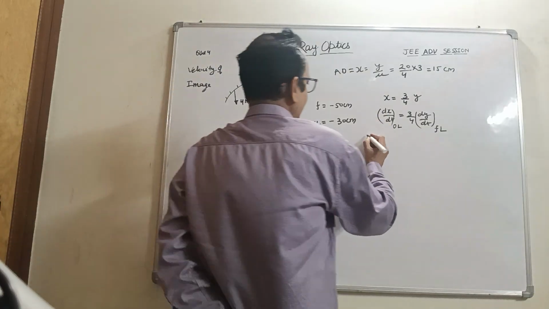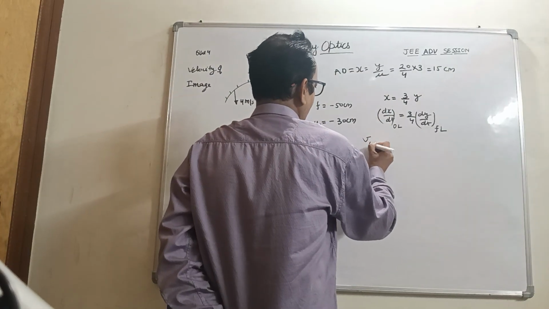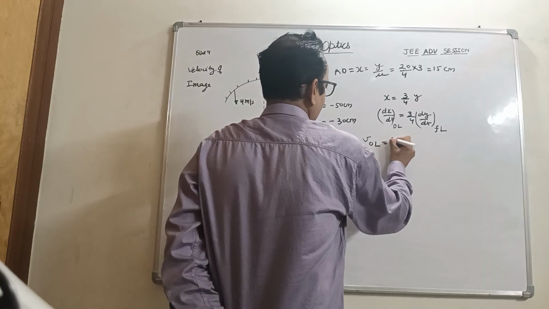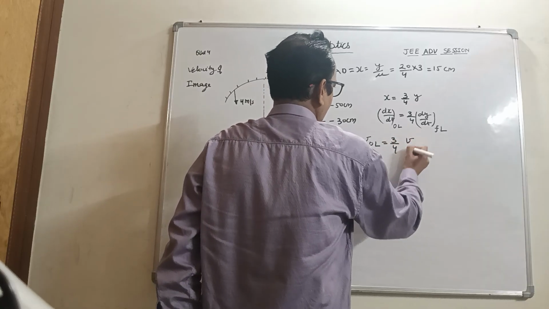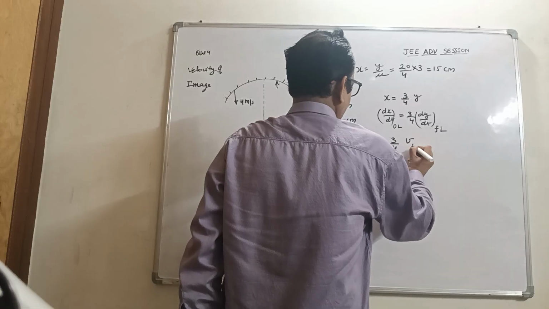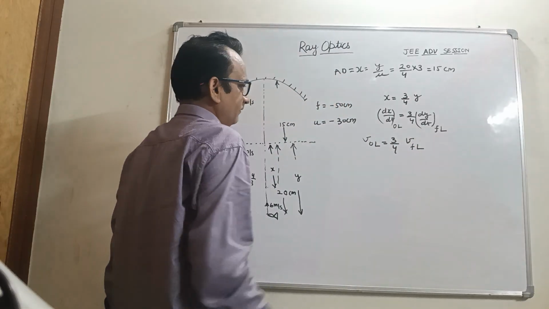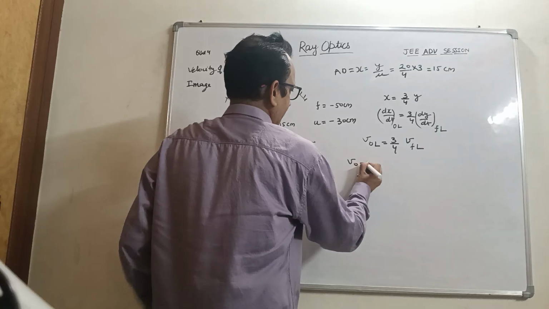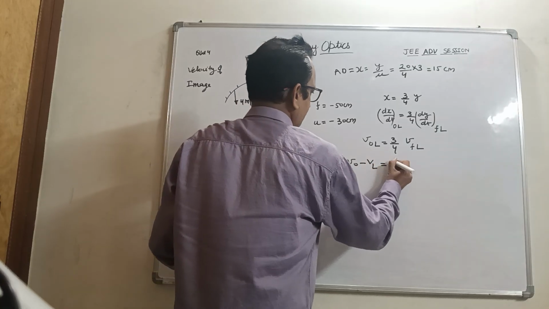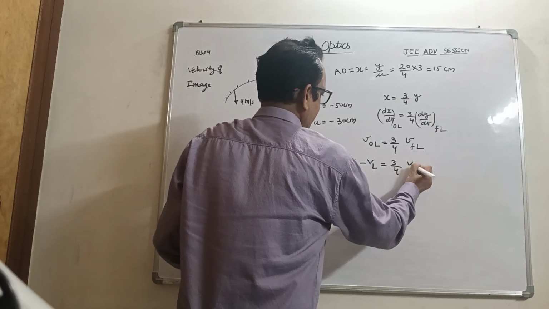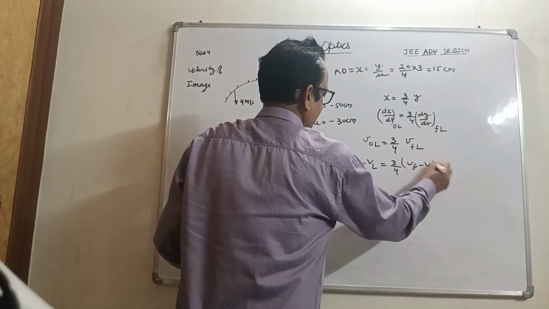So we can write here velocity of object with respect to level would be 3/4 velocity of fish with respect to level. So velocity of object minus velocity of level is equal to 3/4 velocity of fish minus velocity of level.